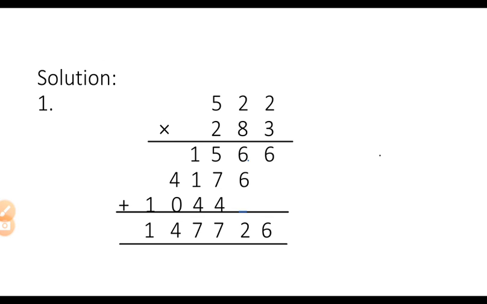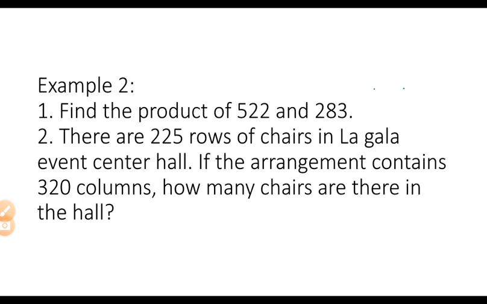Alright, now we go to the second question. There are 225 rows of chairs in La Gala Event Center. If the arrangement contains 320 columns, how many chairs are there in the hall?